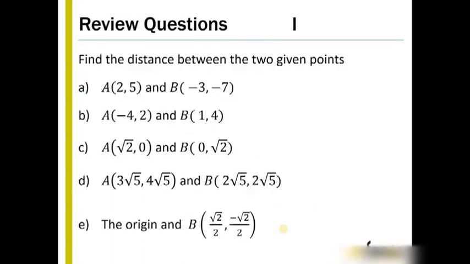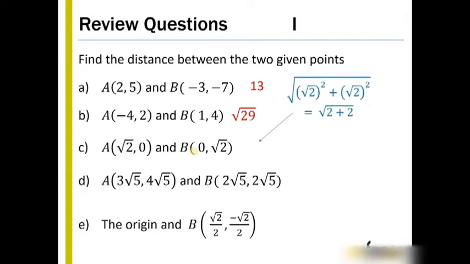Review questions 1. Find the distance between the two given points. Pause the video whilst you work them out. Here are the answers. A is 13, B is the square root of 29. For C, we end up with the square root of (root 2) squared plus (root 2) squared, which is the square root of 2 plus 2, which is the square root of 4, so the distance is 2.